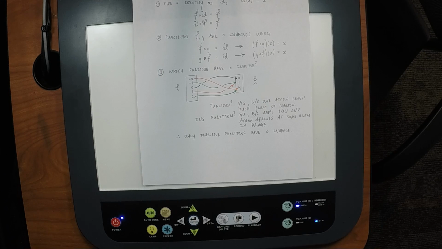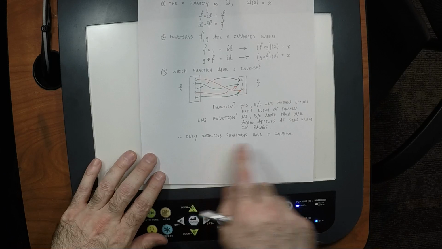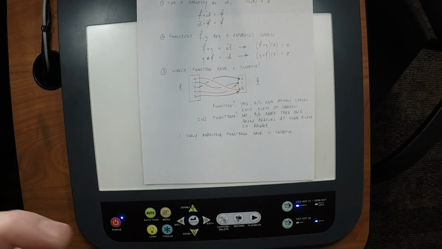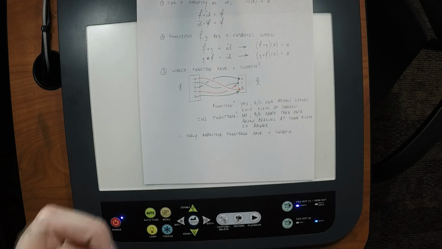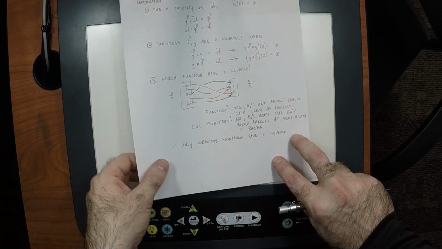Then the first thing you should do is check if one of them is 0. Because if one of them is 0, the answer is no. They couldn't possibly be multiplicatively inverse to each other. It's the same thing with functions. If I give you 2 functions and ask, are these 2 functions compositionally inverse? Then the first thing you need to ask yourself is, are they injective? If not, the answer is no.